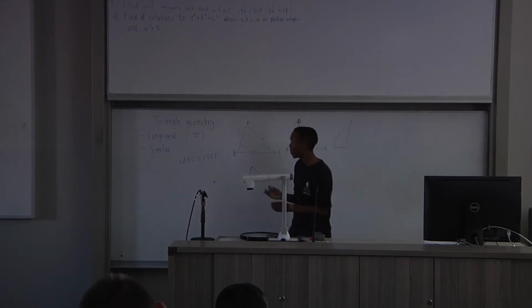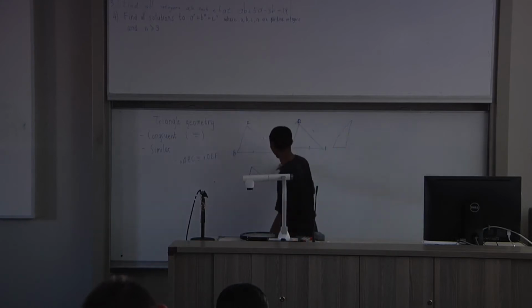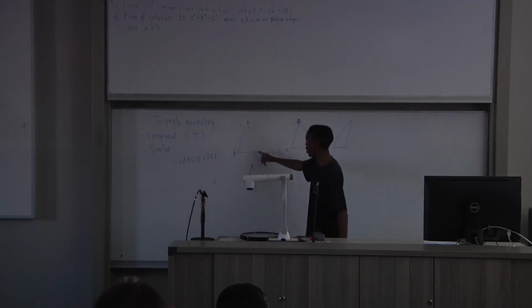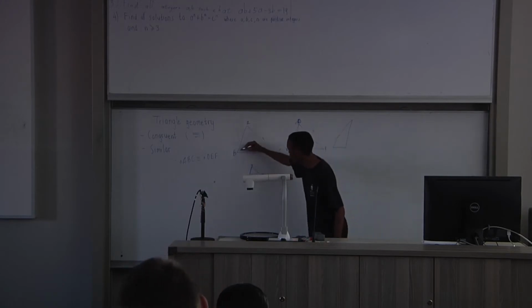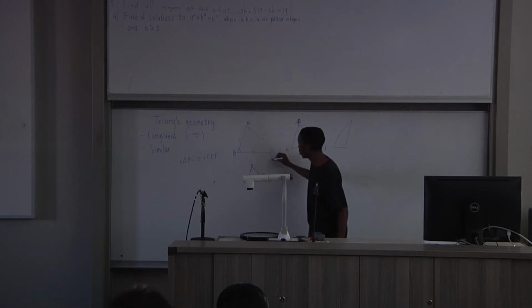Call this GHI. Then this triangle would be similar to this one, because this angle corresponds to this angle, this corresponds to this, and this angle corresponds to this.